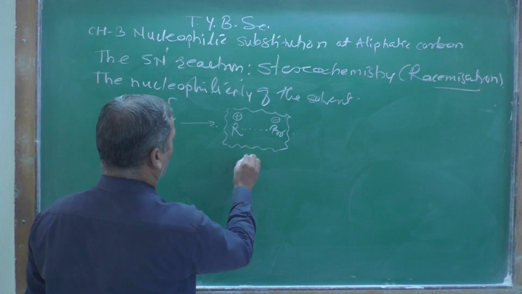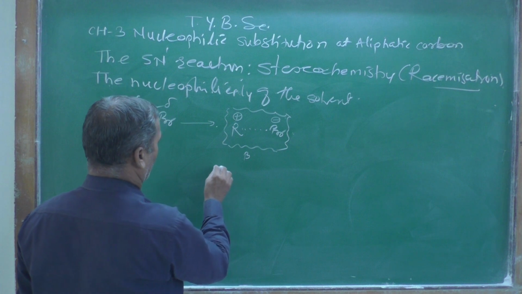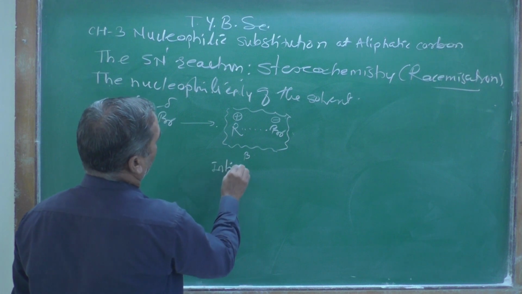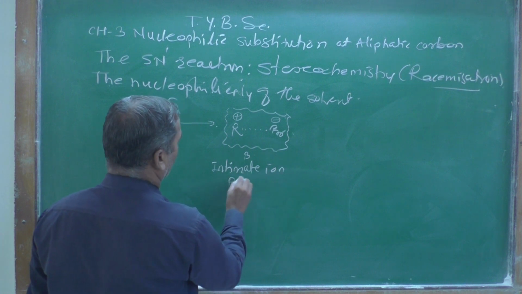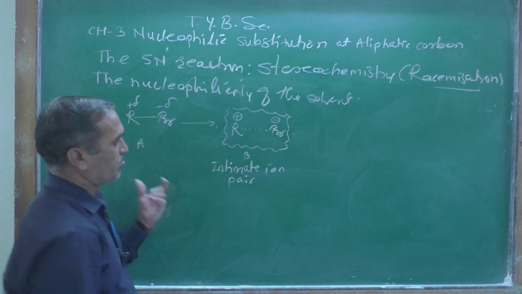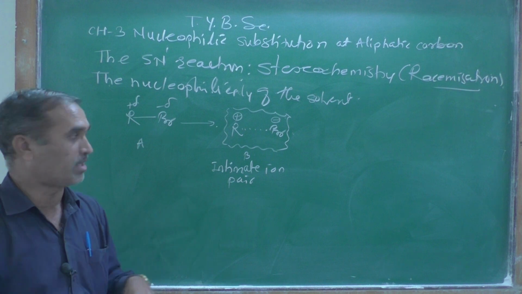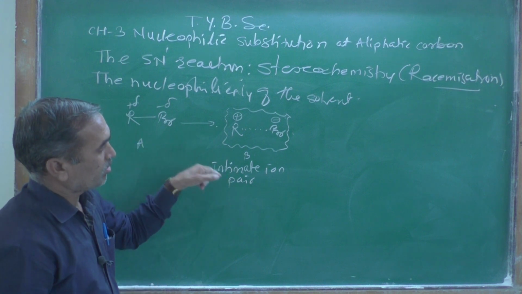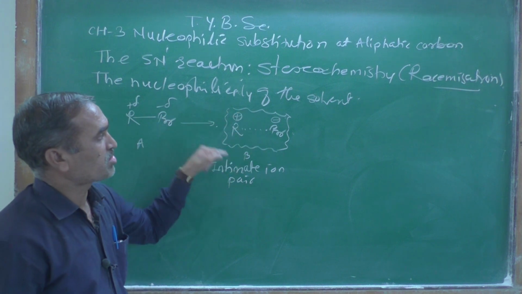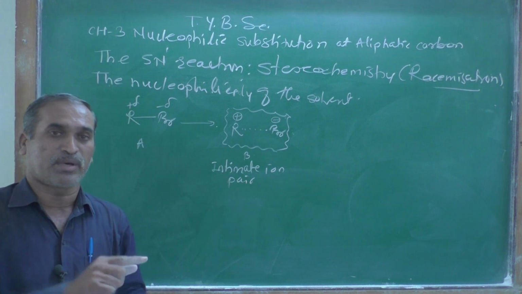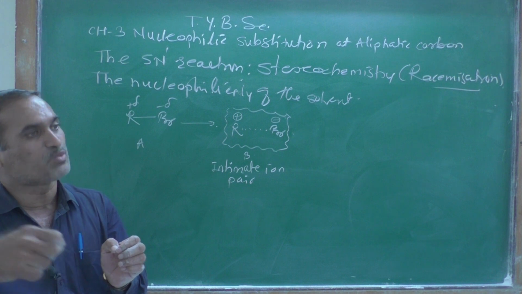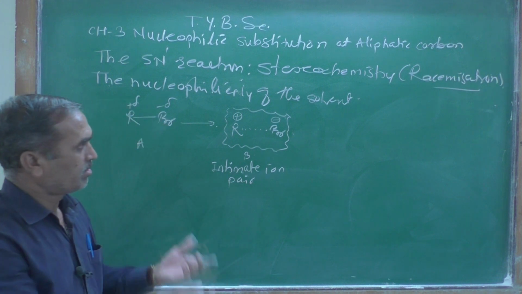This is the B stage. We are getting an intimate ion pair, meaning the water molecules get surrounded around that, and the bond between carbon and the halide group is weakened, or it is breaking.